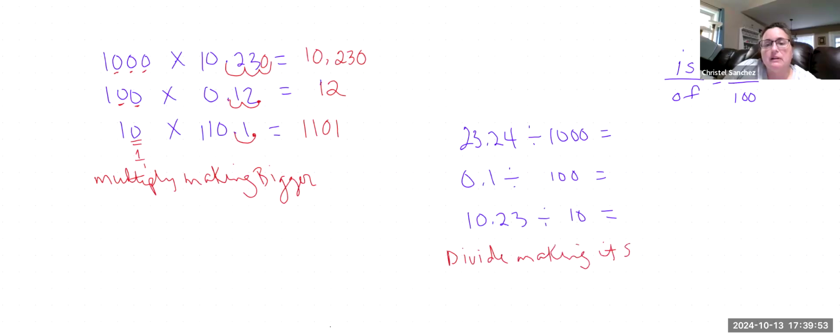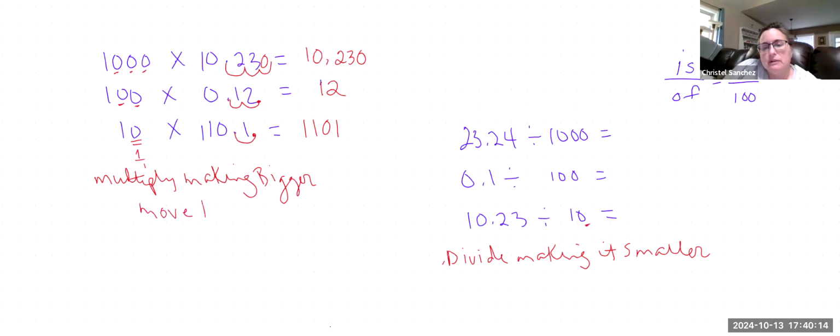So again, if we're dividing by anything like 10, 100, 1,000, 10,000s, what I'm going to do is take how many zeros I have, which is 1. Multiplying, we move to the right.